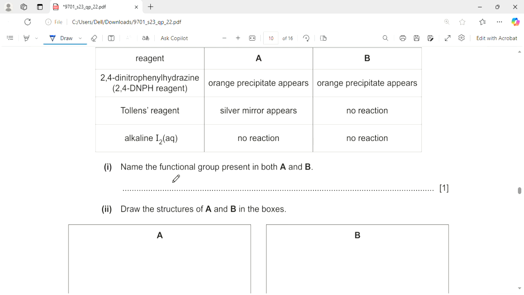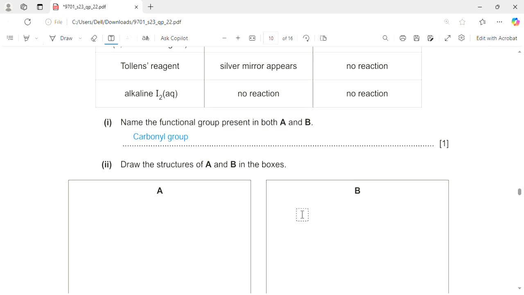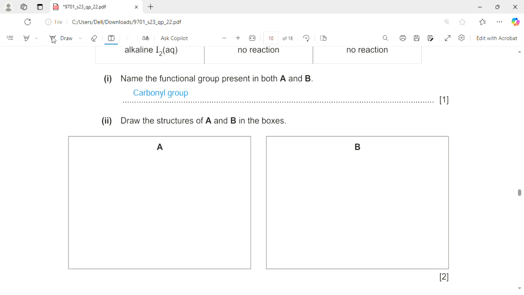One is an aldehyde and another is a ketone. This is the carbonyl group present in A and B. Now draw the structures of A and B in the boxes.